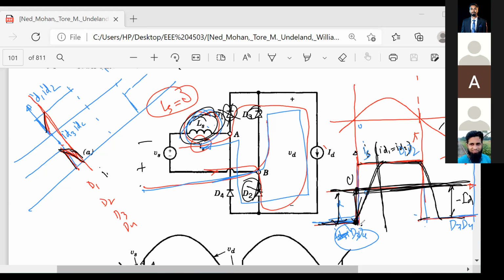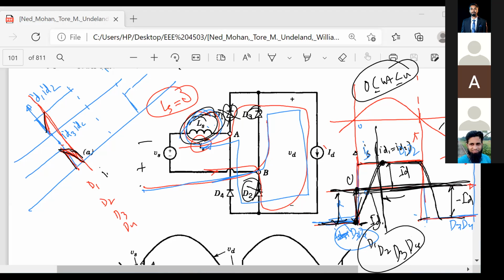So what should be this current? Plus ID. So IS current is changing from minus ID to plus ID during the commutation period omega t. And here all diodes are conducting. All are conducting during this commutation period. You got it? Yes, sir.